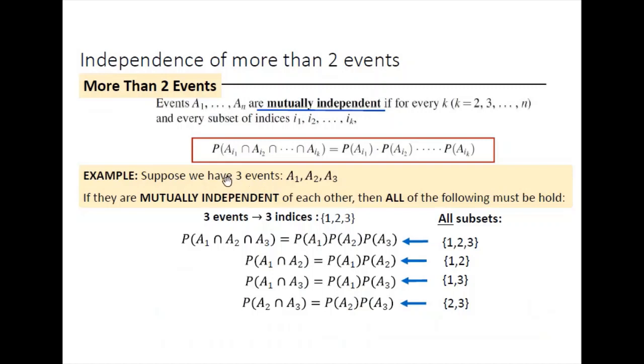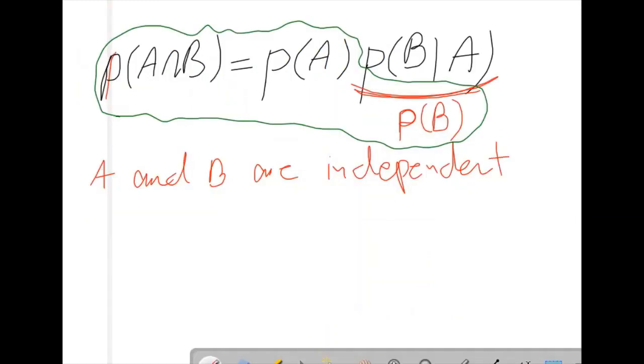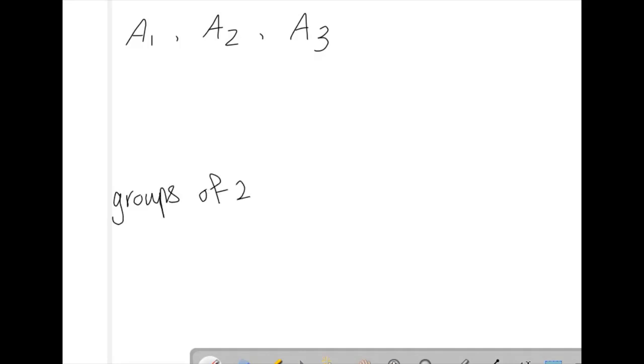So look at here for three events. For any subset, what's the meaning of any subset? When we have, for example, A1, A2, and A3, at first groups of 2, and then groups of 3.